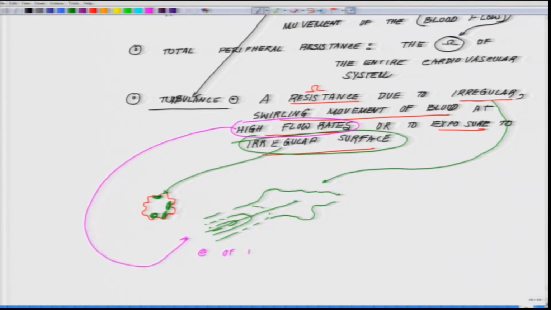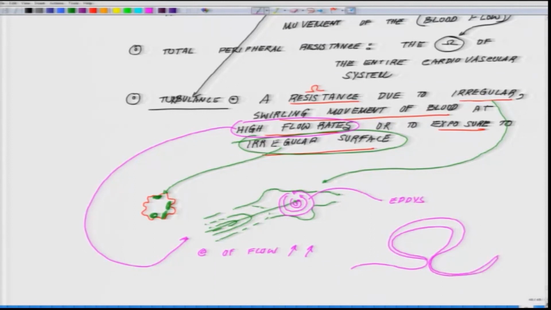the rate of flow is going up. Then this forms what we call the eddies. Now, in the light of this definition of turbulence, look at what is happening in an aneurysm, where the blood vessel all of a sudden changes shape like this. Part of the vessel curls back.